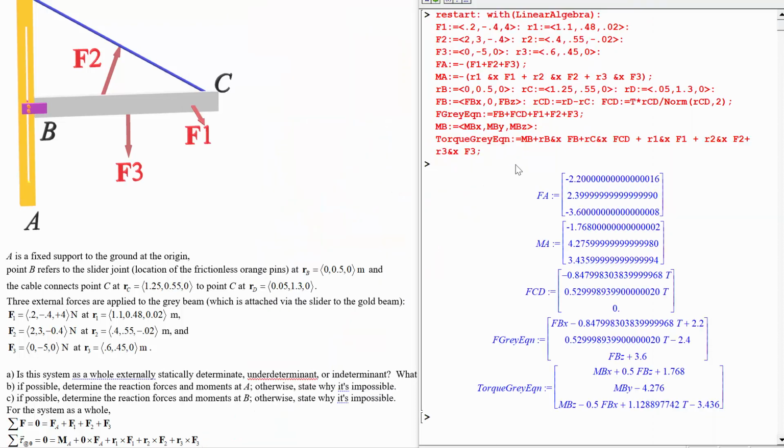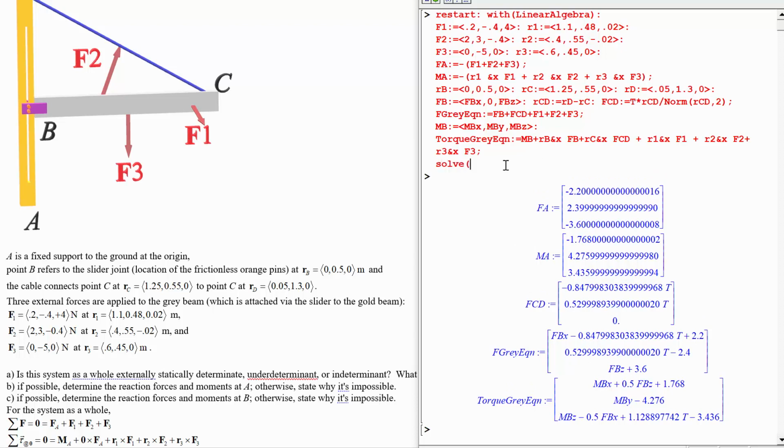So after a few checks, the equations seem good. Now we're in a position to solve them. Solve. We're going to put in brackets here. Actually, it's good to double check that the equations we're giving to solve work out. I don't want to do this in too many steps at once. So let's go: sequence F gray equation n, n is 1 to 3.